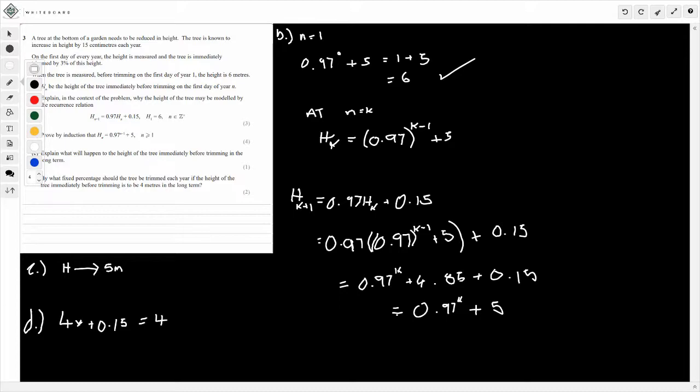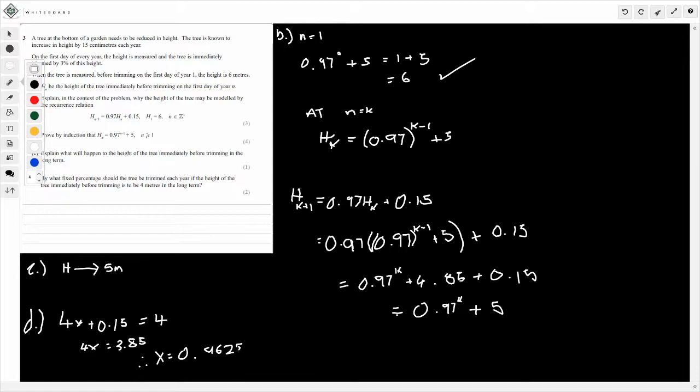This is just a really basic equation. We've just got to solve it. So 4x is equal to 3.85, divided by 4, so therefore x is equal to 0.9625.